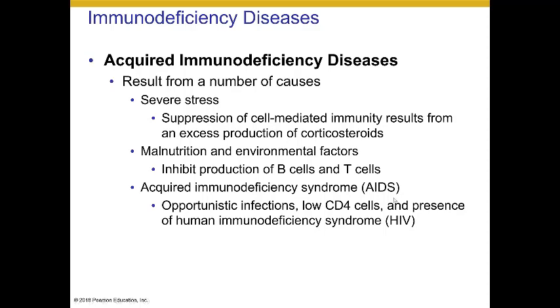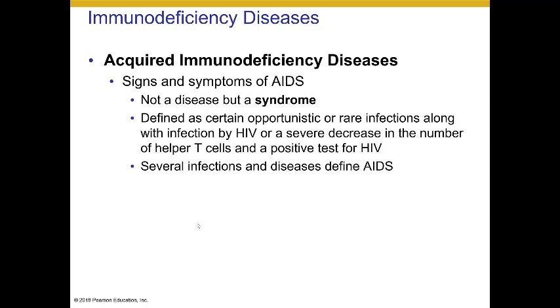In the case of AIDS, the cause of AIDS is a virus known as human immunodeficiency virus. You cannot get AIDS without having been infected with HIV first. Okay? So AIDS stands for what I said before, acquired immunodeficiency syndrome.